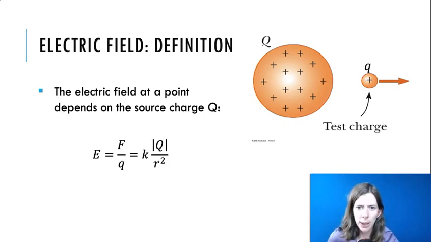So let's keep talking about the electric field. Let's introduce a definition now that we have learned the concept. How do you find the electric field produced by a charge? The electric field is going to be given by F over q. F is the force that the test charge would experience when placed within that field, and q is the magnitude of that test charge.